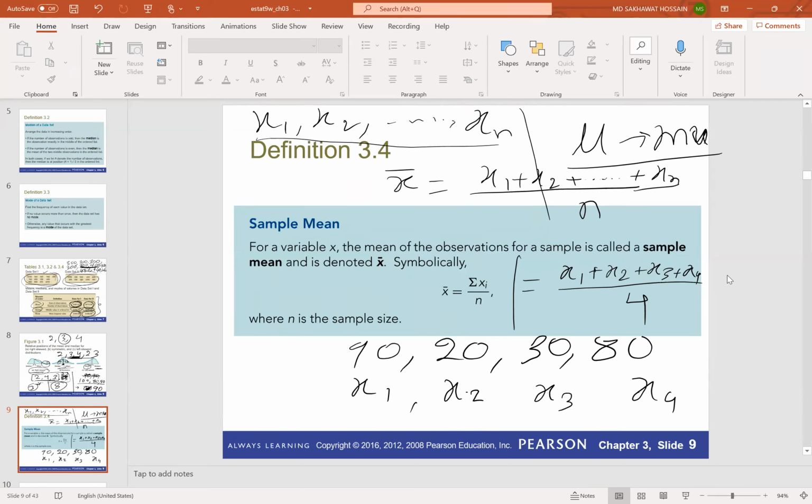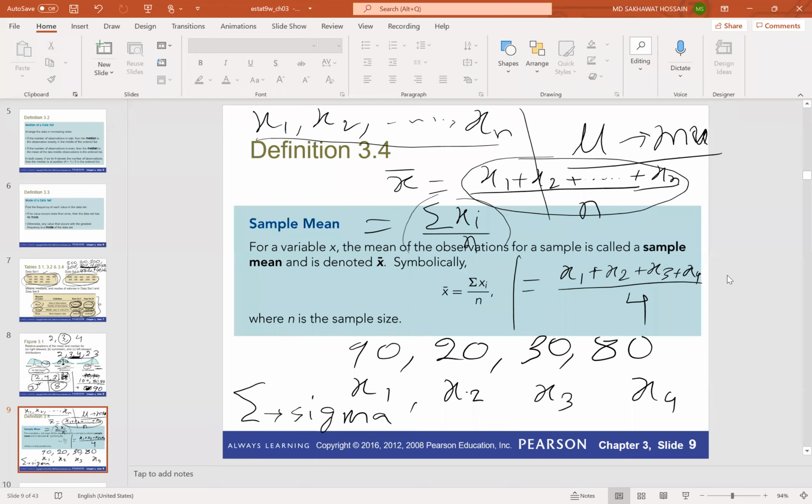Now we can write this using sigma, big sigma. This is the notation for summation, for addition. So sigma xi divided by n. We can write this expression like this.